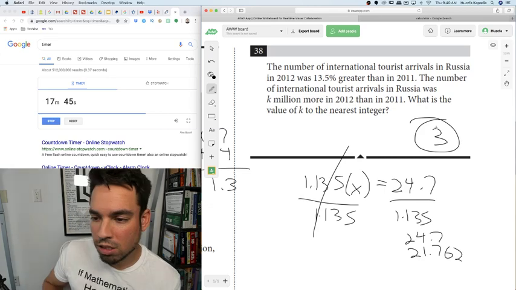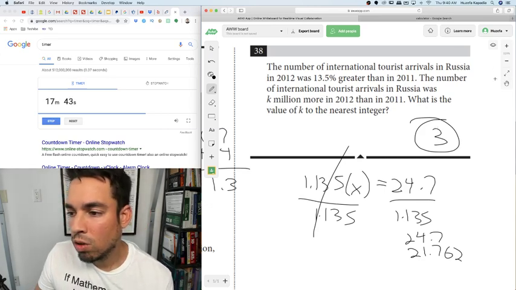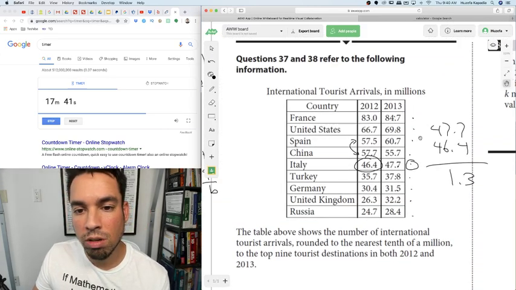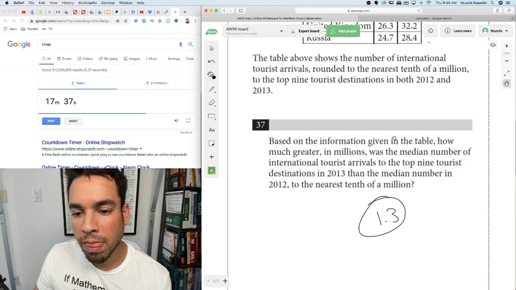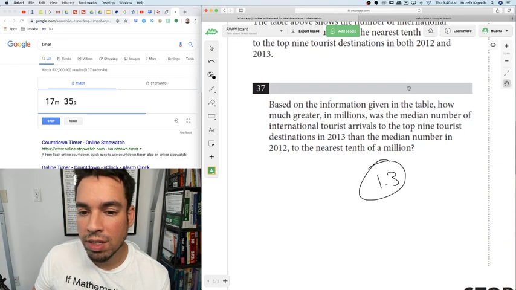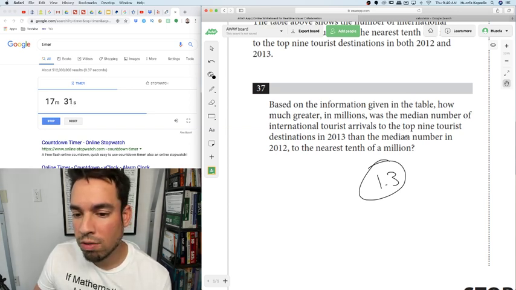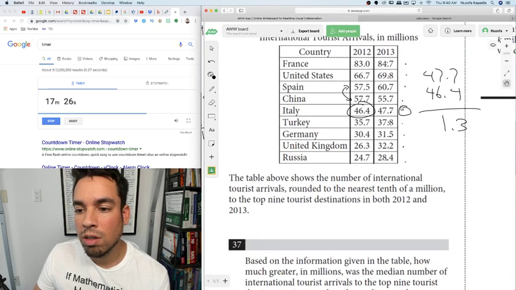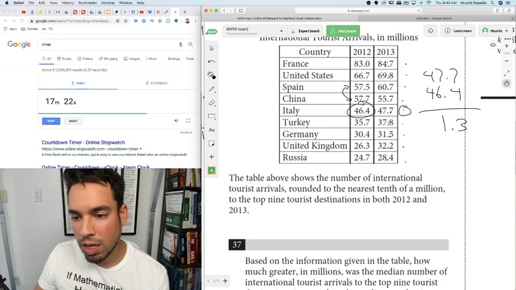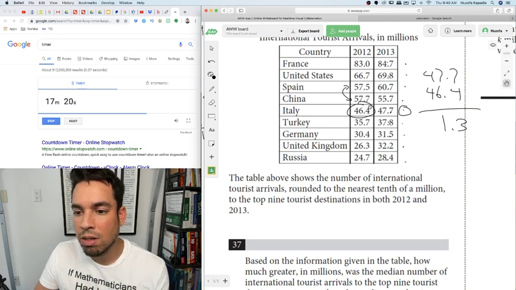So we got 17 minutes to spare. And one question I felt rushed on was this one. Let me read it again. Hold on. Based on the information given, how much greater in millions was the median international tourist arrivals in 2013 than 2012? Again, this is the median. Even though these are flipped, it doesn't matter.